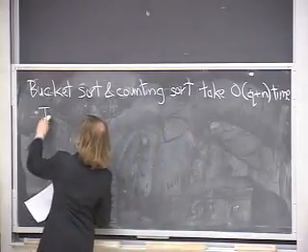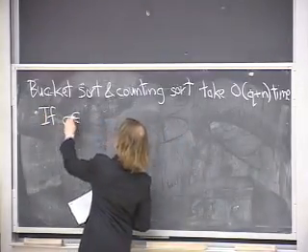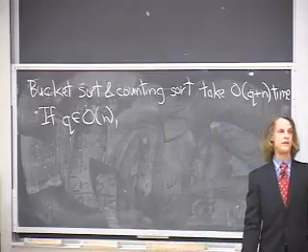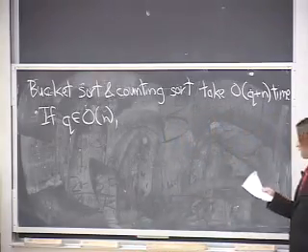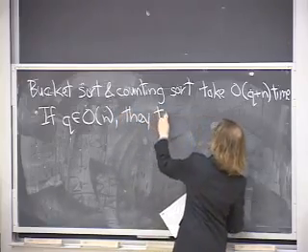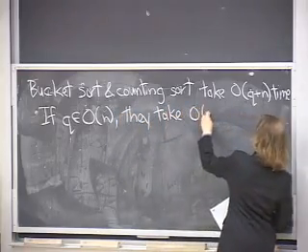Now, if q is in big O of n, well, that's when we actually want to use bucket sort or counting sort. It's that situation, because then they take linear time.